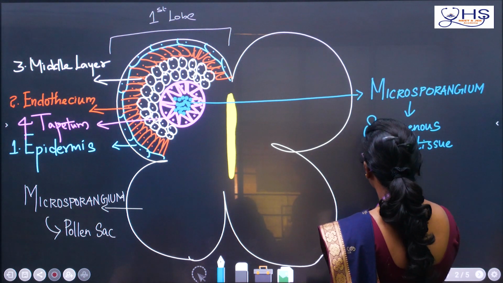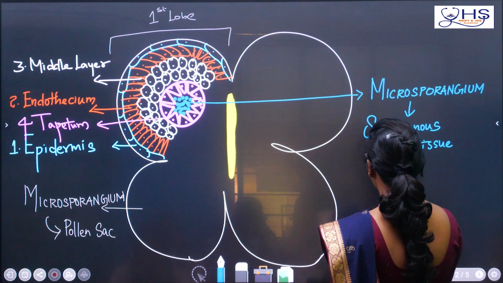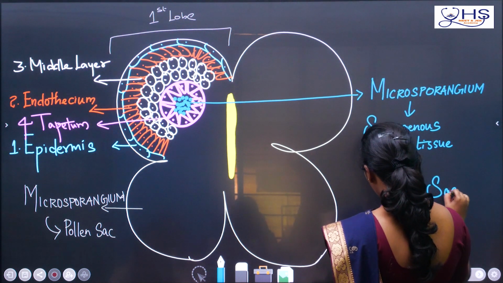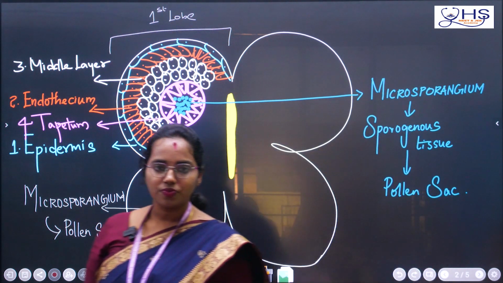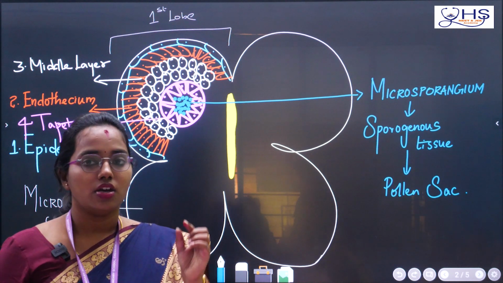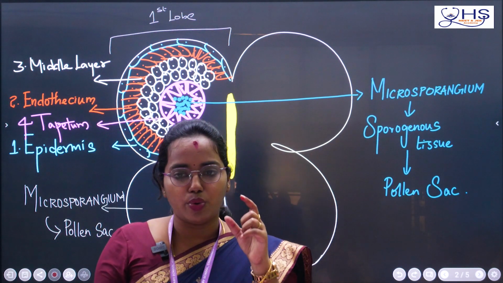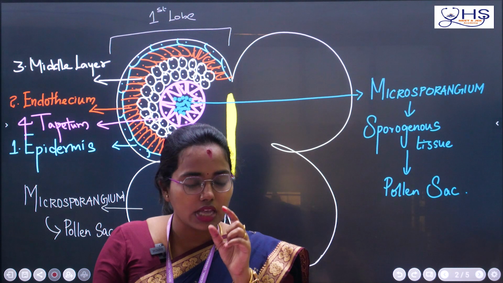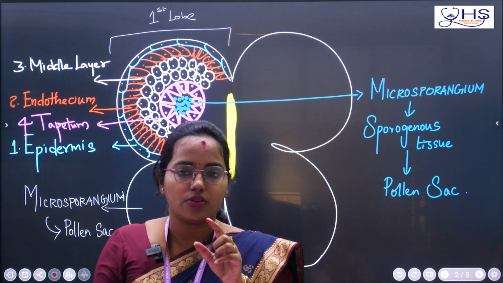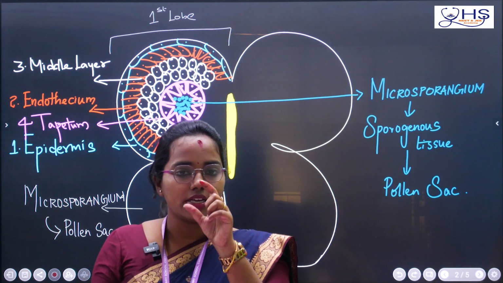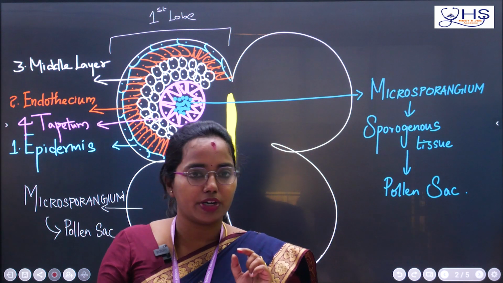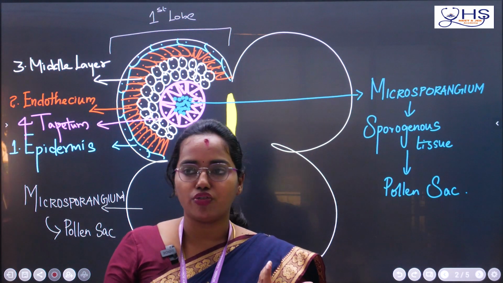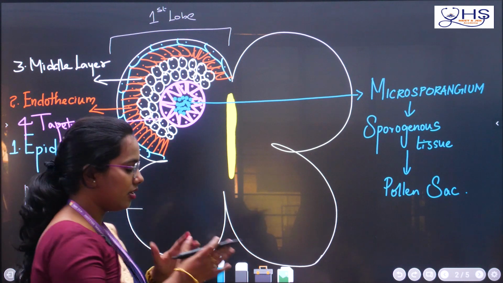Later it will be converted into pollen grains. That's why it's also called pollen sac. And during the development of pollen grain, the size of the pollen sac will also increase. The size also will increase during the development of male gametes. That one we'll read in the next part.